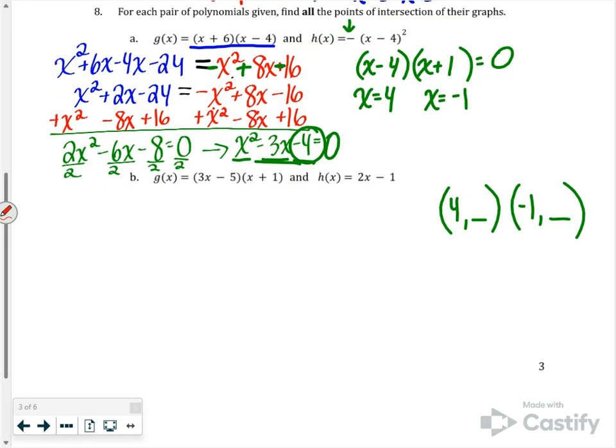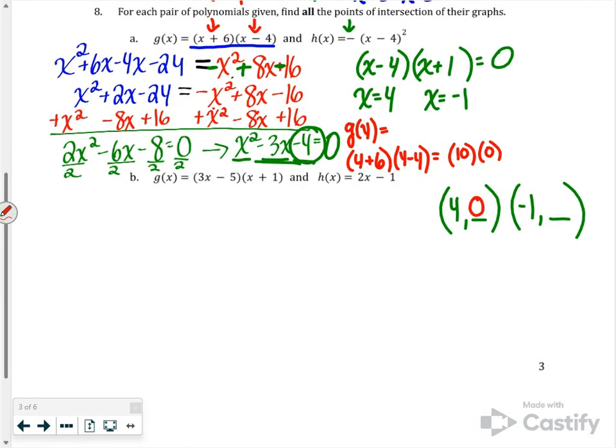Last step here, we're going to plug this back in and find out what the function equals. So when x equals 4, I'm going to put a 4 in, and I'm going to write 4 plus 6 and 4 minus 4. Now that's going to equal out to 10 times 0, and that means we have 4 comma 0.